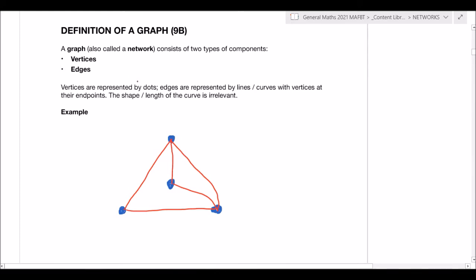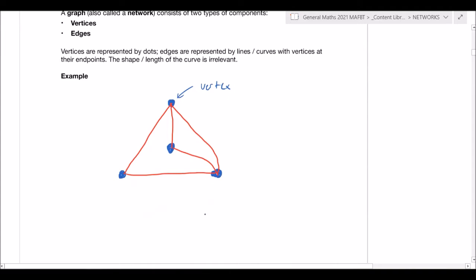So the vertices are the dots, or you could call it a vertex. Vertices is the plural of vertex, so vertices would be more than one vertex. They're all the same thing.